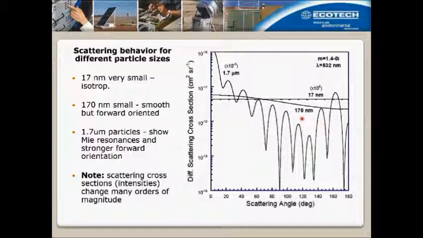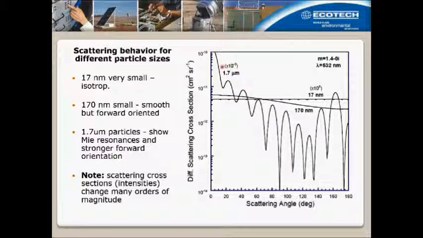When you get to bigger particles, 1.7 micrometers, all of a sudden you get the Mie resonances of the scattering, which depend on the particle size, and you see a typical resonance behavior and a strong forward peak of the scattering.